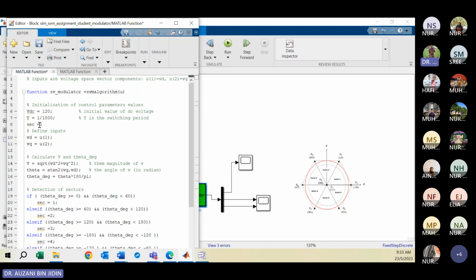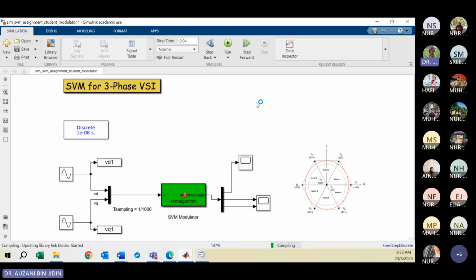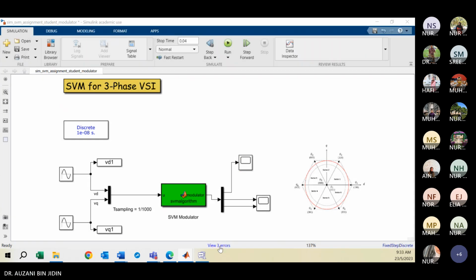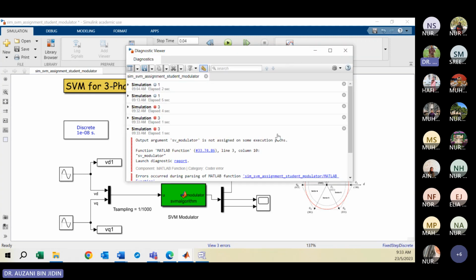Because it doesn't have sector 0, sector 1. Just put any number for sector. Try to run. Is it okay? Error. Mana? This one okay. Apa dia punya error ni? SV modulator is not assigned. Line 3.